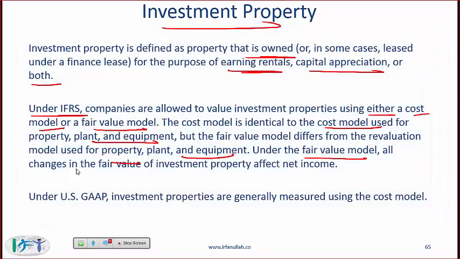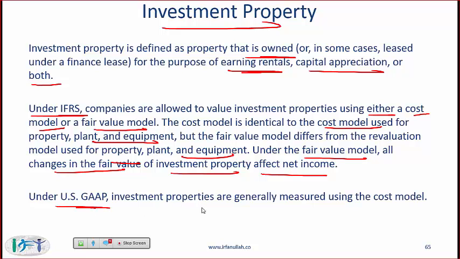Under the fair value model, all changes in fair value of investment property affect net income. In other words, unlike available for sale securities, where changes hit OCI, here any changes in value, even though they are unrealized, go straight to the income statement.